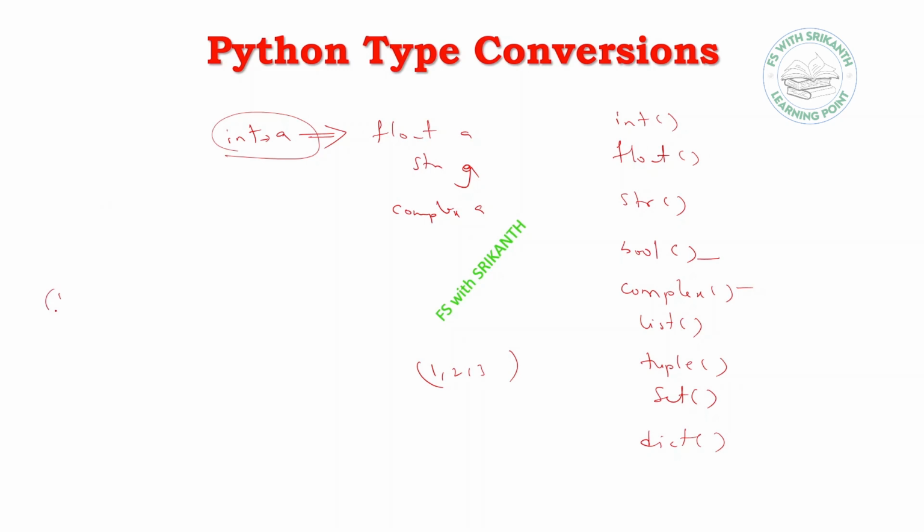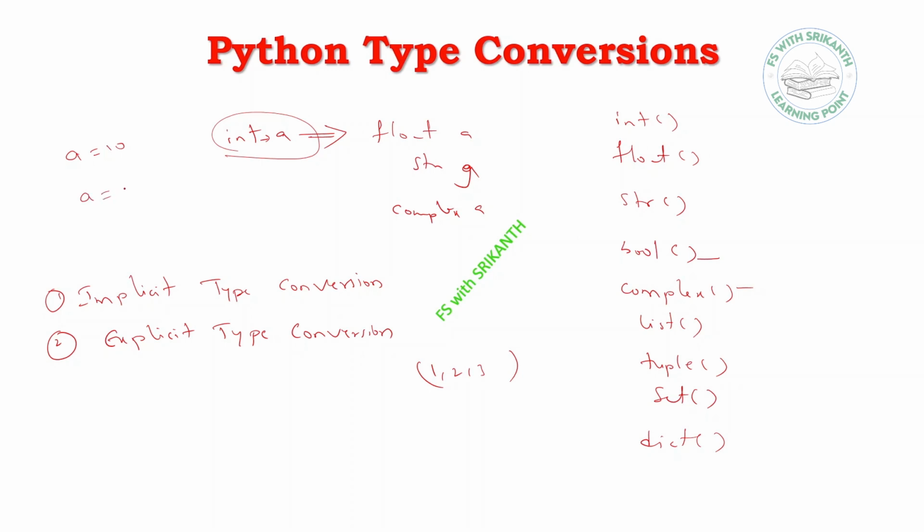One is implicit type conversion and the second one is explicit type conversion. Implicit type conversion is done automatically when an operation involves different data types. Just imagine that your variable a is 10.